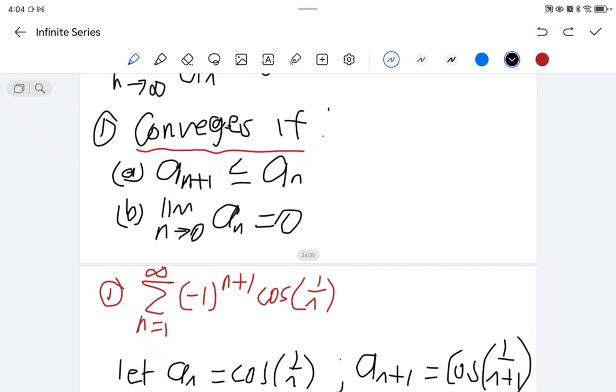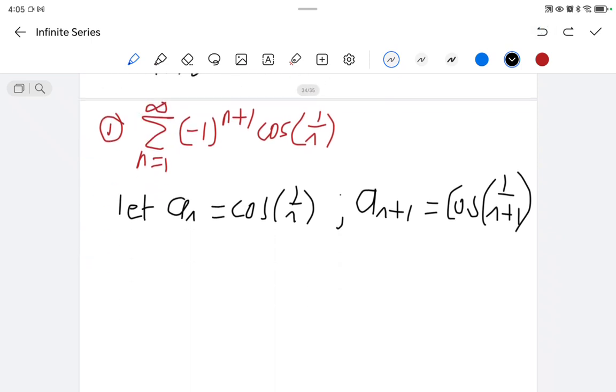A of n plus 1 is less than a of n. And if we want to check that condition, we should start by saying this. We can do it in two ways. Let me start with this one.